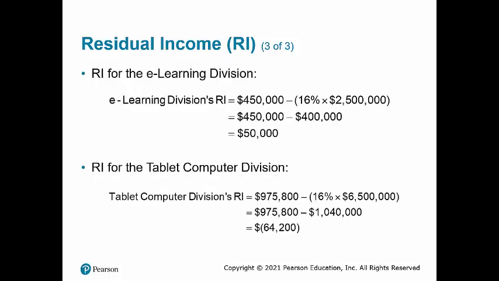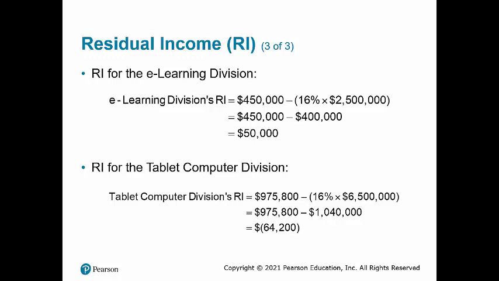The positive residual income indicates that the e-learning division exceeded top management's 16% target rate of return expectations. The residual income calculation also confirms what we learned about the e-learning division's ROI. Recall that the e-learning division's ROI was 18%, which is higher than the target rate of return of 16%.